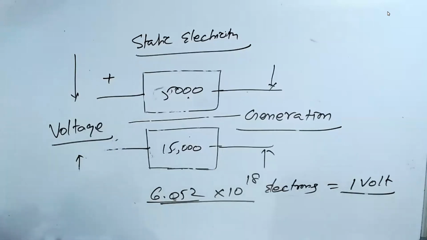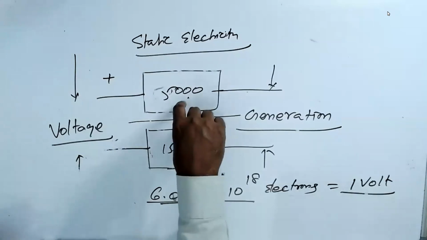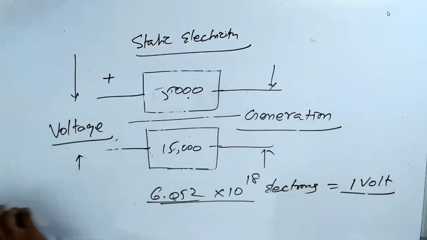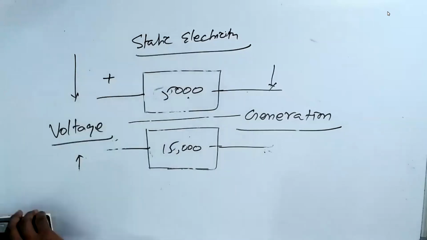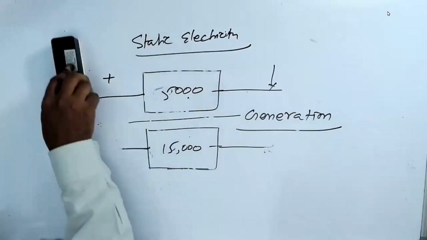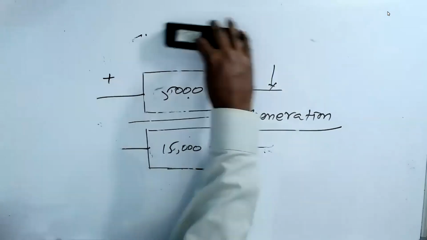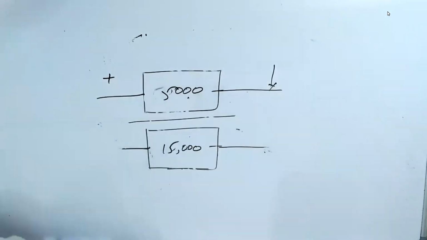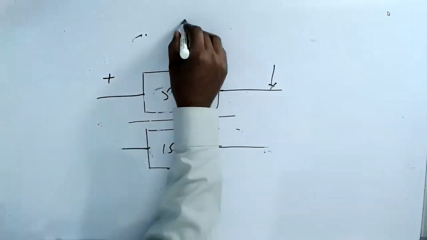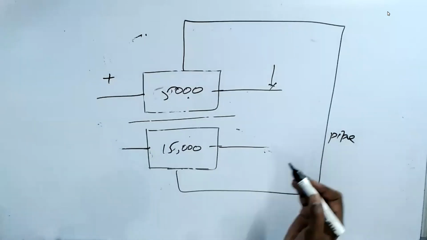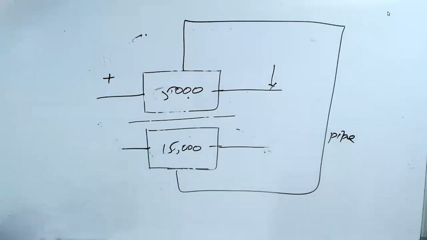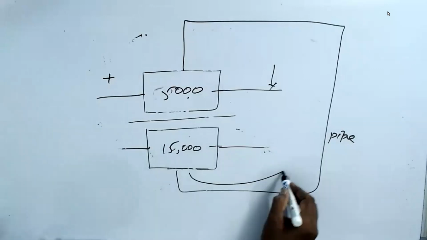So now 1 volt means there is a difference of so many electrons, and that becomes static. But when they connected both of these materials through a conductive pipe, meaning electrons can flow through it, at that time these electrons went there.